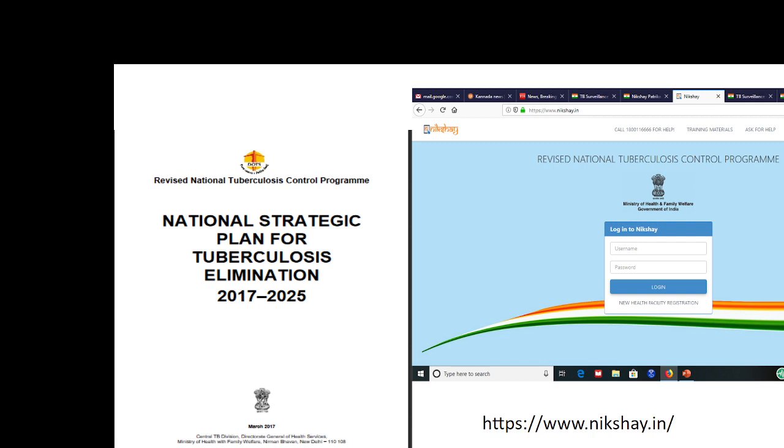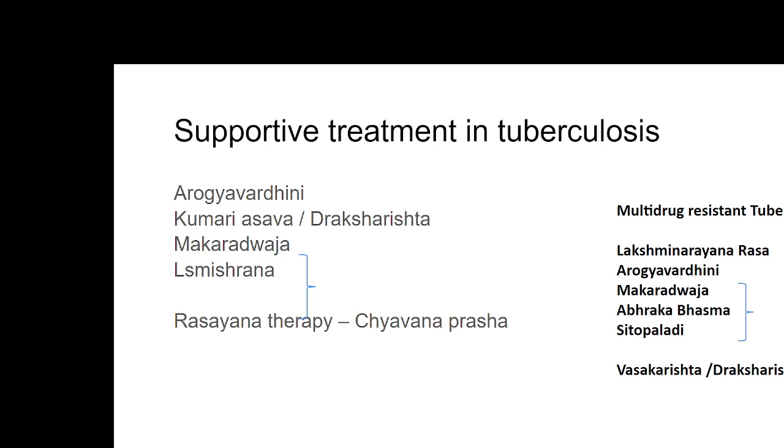Treatment should be done as per the protocols decided by the central government as well as the state government, the health authorities rather. And the current treatment would be multi-drug therapy under direct control, which you call DOT therapy. So that has to be done, and there is no question of treating only with Ayurvedic treatment.